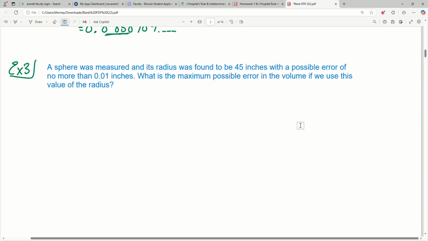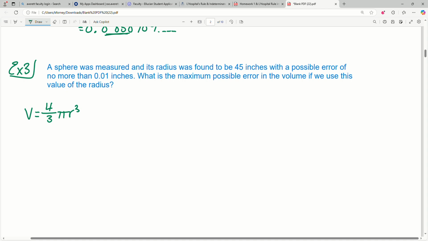So now this is what I think of when I think of application. Like we're actually going to be doing something. So the first thing is the volume of a sphere. Does anybody know the formula? Yep, I'm impressed. 4/3 pi r cubed.